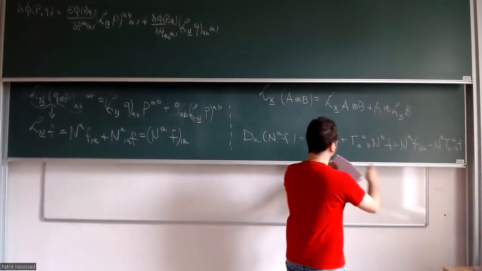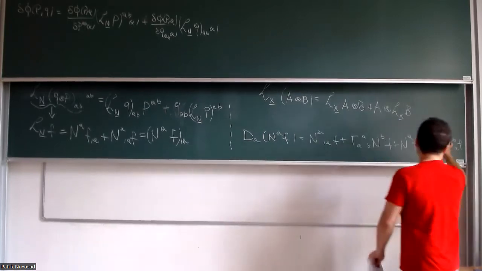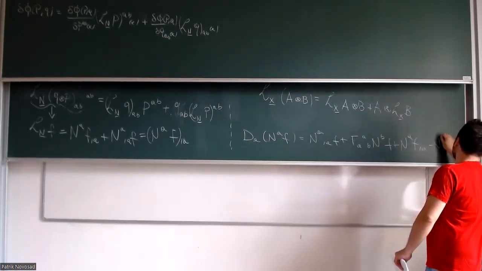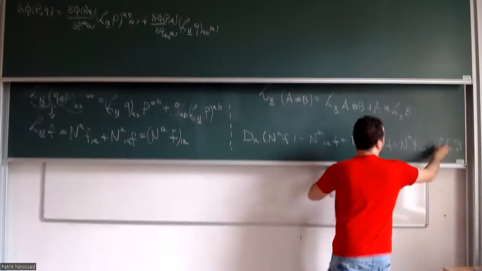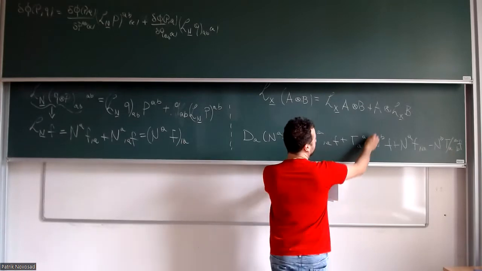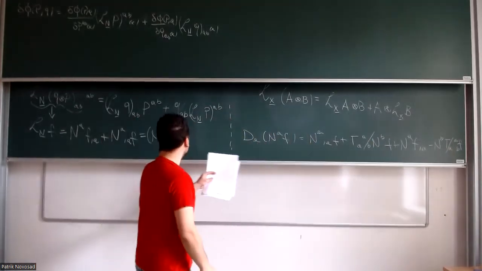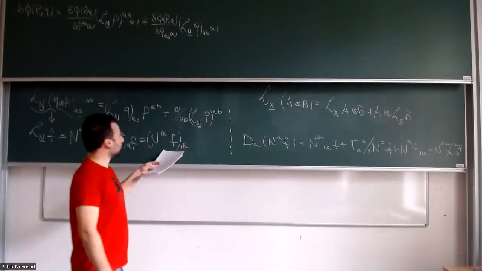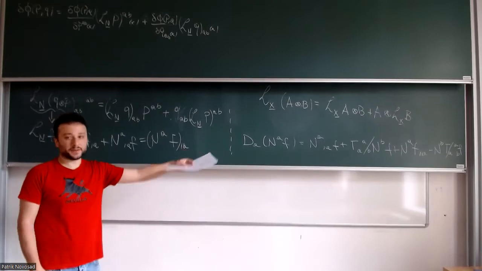Or just changing the indices, it is equal to B A. Okay, so this and this cancel away, and so this can be written as the covariant derivative.